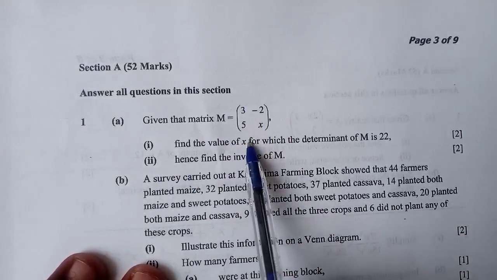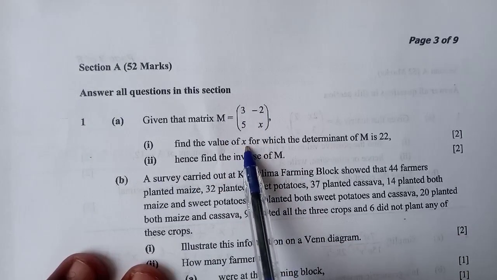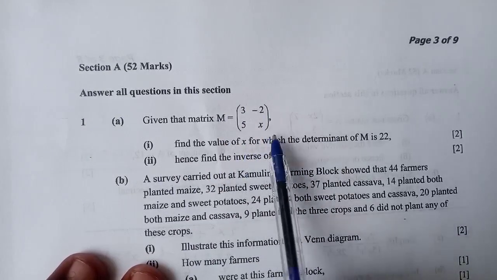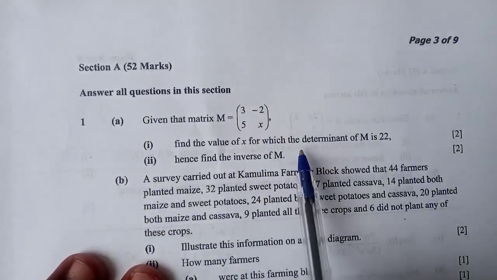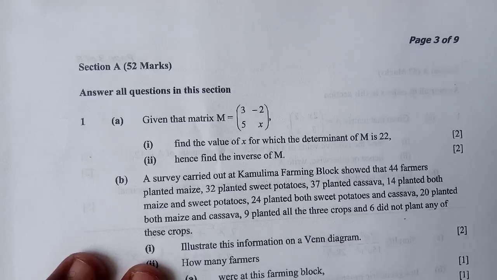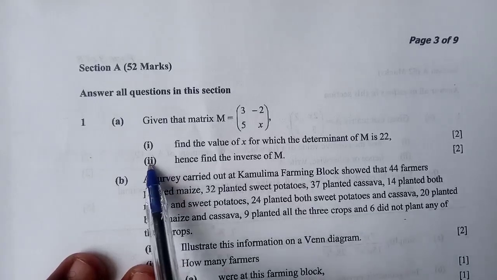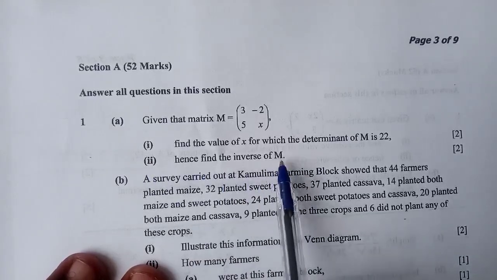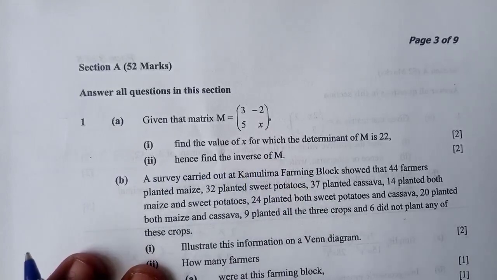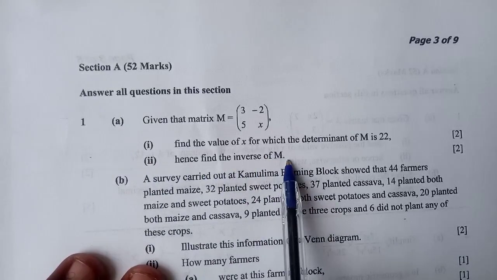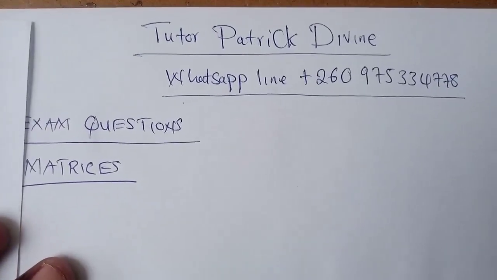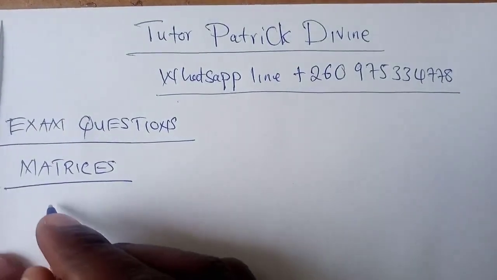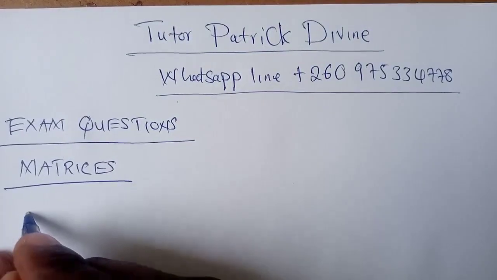So they want you to find the value of X. What you need to know is the formula for the determinant. Then you can substitute the value of X there. The second question says hence find the inverse of matrix M. So this is marked as question 1.